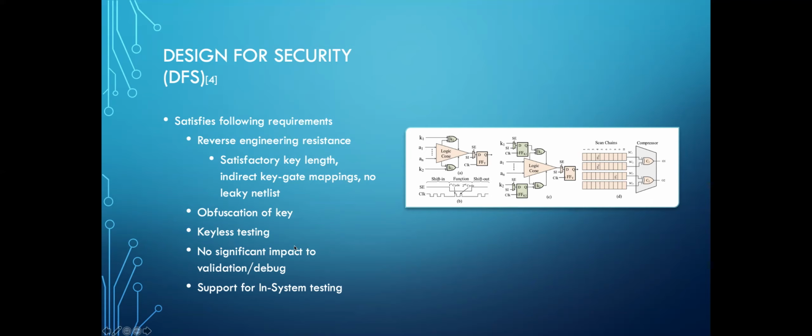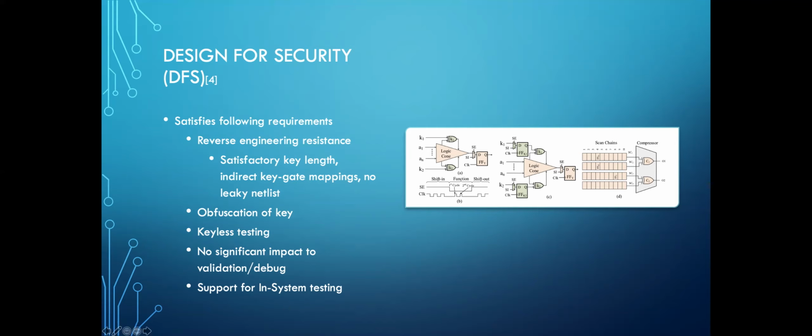Keyless testing needs to be implemented, which is done in this proposed solution. That is because testing needs to be done on this IC to make sure it works properly, so without giving up the key, that testing needs to be implemented some way.